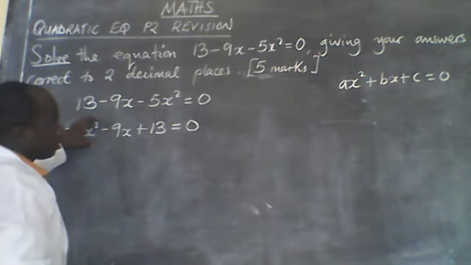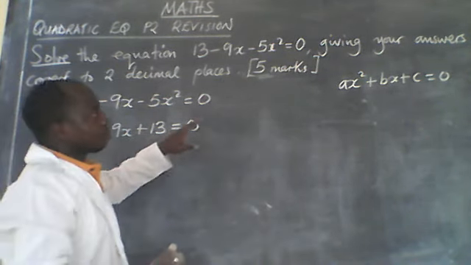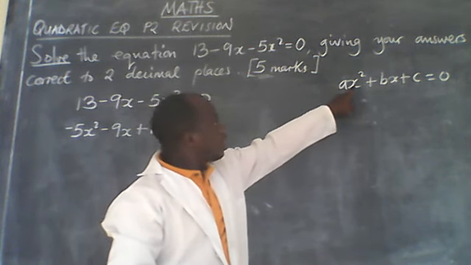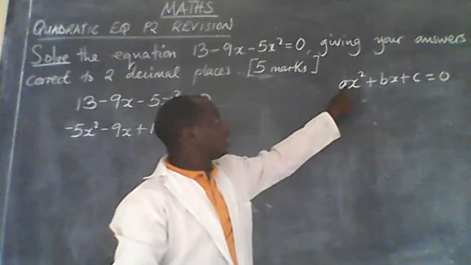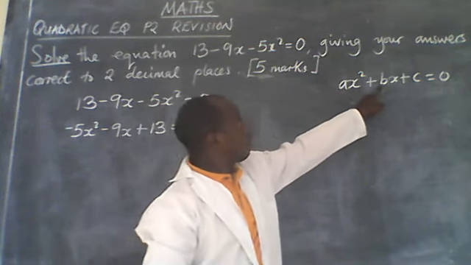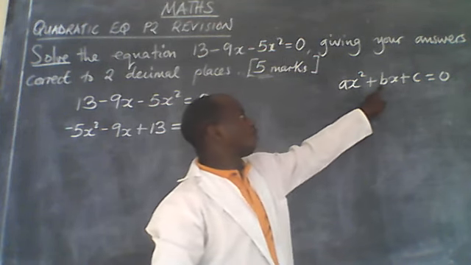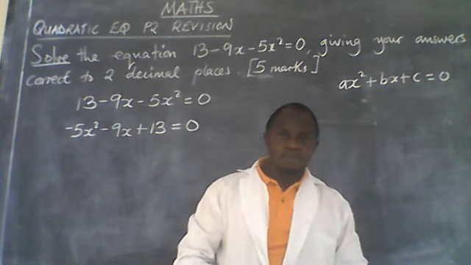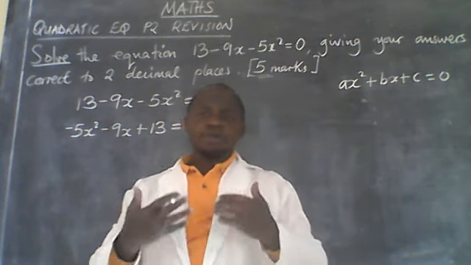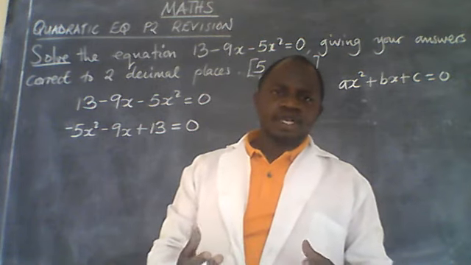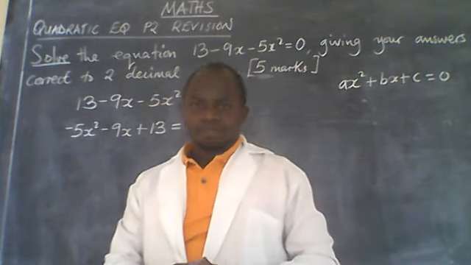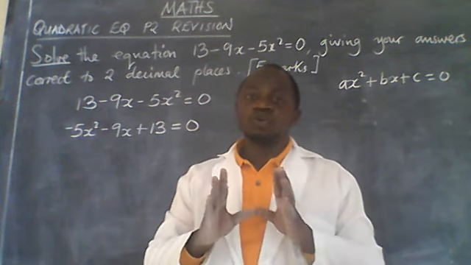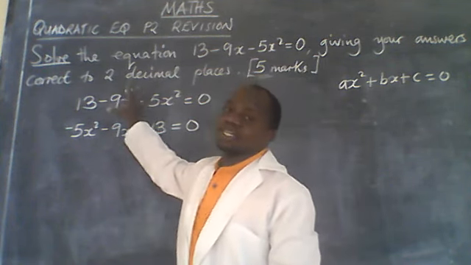In this format, compared to the standard format, the coefficient of x squared is your a. The coefficient of x is your b. Then the constant is your c. In paper 2, you will be provided with the quadratic formula. That formula is the one that they're asking you to use to get the correct answer.